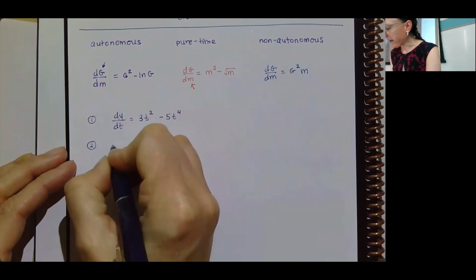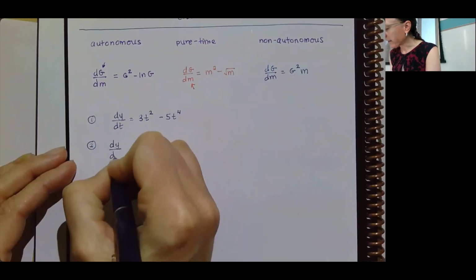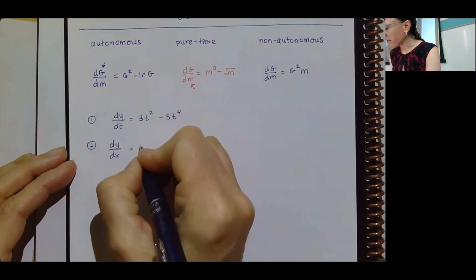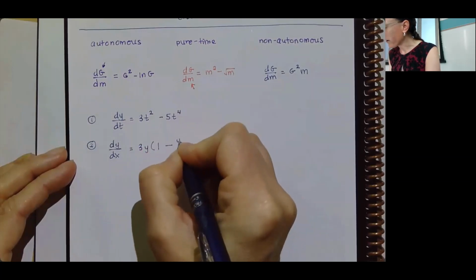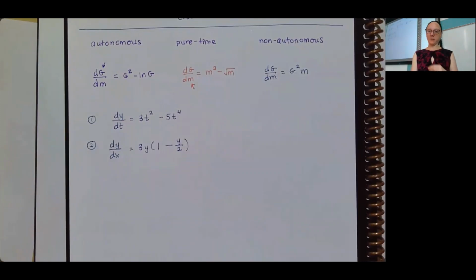If I had dy/dx equals 3y times 1 minus y over 2. Autonomous, pure time, non-autonomous, what's this thing? Because it only uses the variable that's in the numerator.